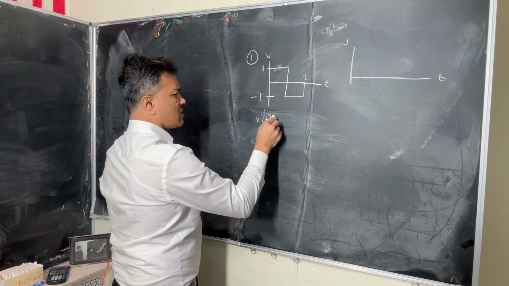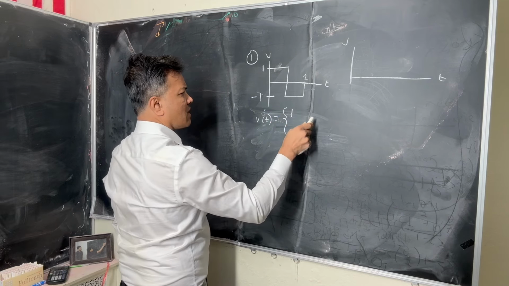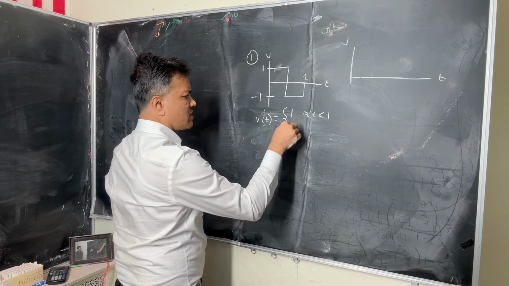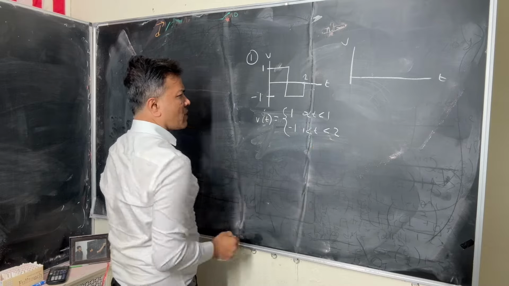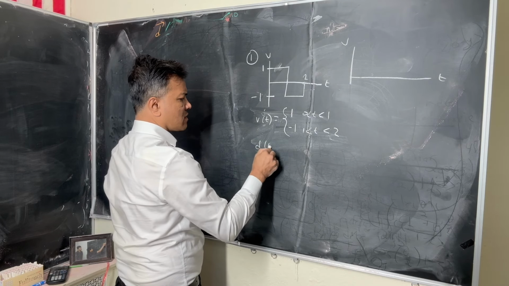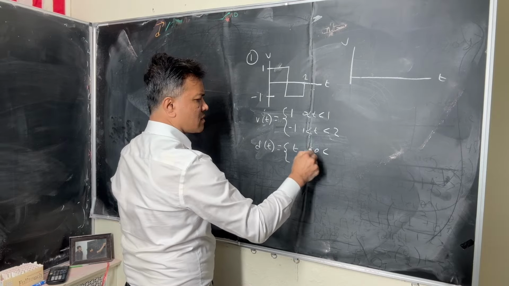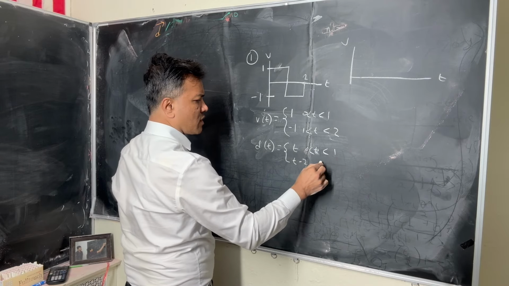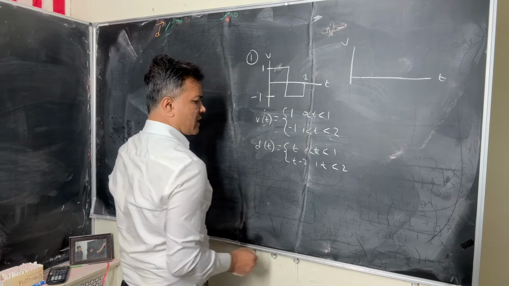The VT graph should be straightforward. This is 1 when t is between 0 to 1, and this is negative 1 when t is between 1 to 2. And the xt graph, t from 0 to 1 and t from 1 to 2, how would that look?